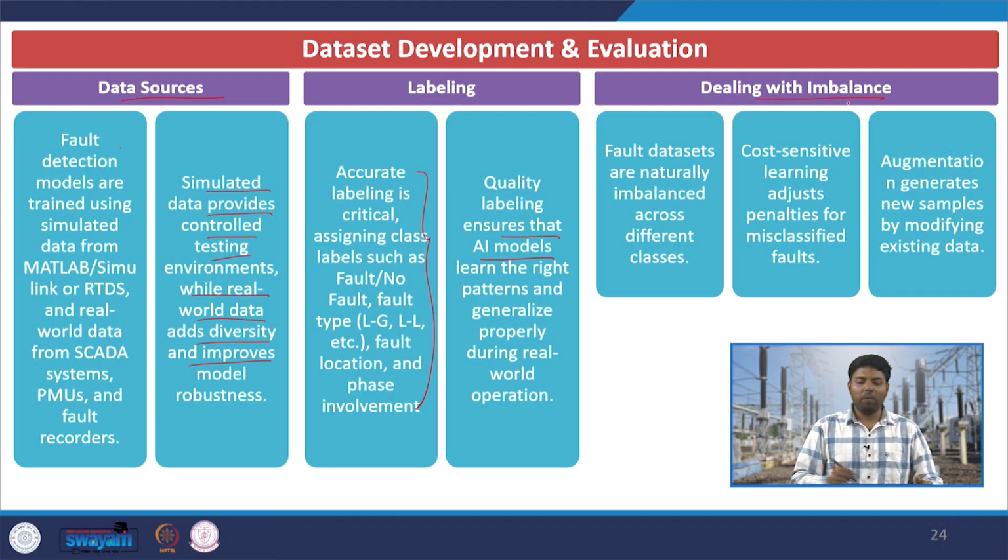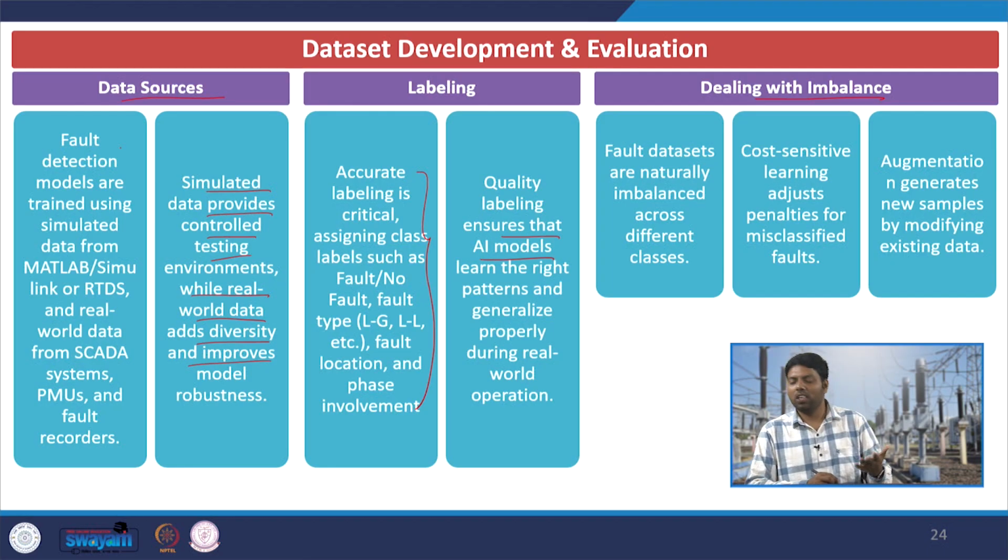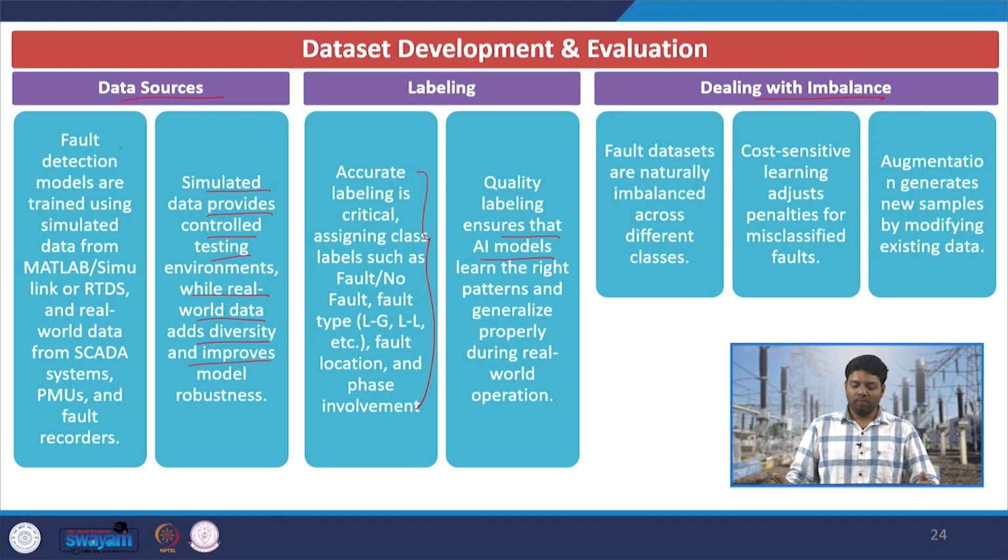Then, dealing with the imbalance. Whenever you collect the data, it is not the case that you collect 1000 data for single line to ground fault and 1000 data for double line fault. It may be possible you will get 900 or 800 data for double line fault, and for three phase fault you got 2000 data. So, there is an imbalance in the data. How can you cope with this? You can cope with it by augmenting the class which has less data.